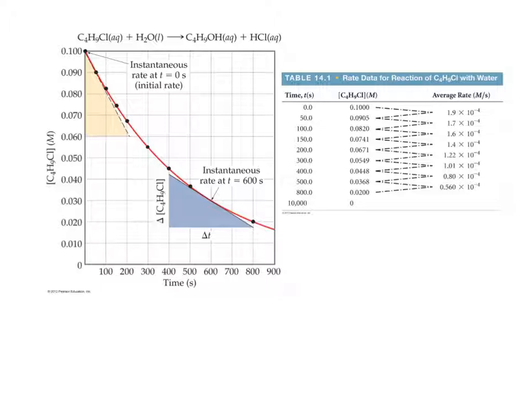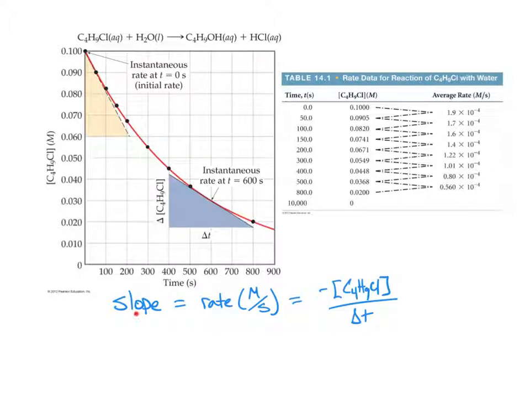Now, we measure the rate as an average rate. And as you can see on this graph, if you draw a tangent line to the slope, you get a straight line, and the slope of that line is going to equal the rate of the reaction at that particular point in time. So the slope of a tangent line is equal to the rate in molarity per second. In this case, we're looking at the change in the molarity, how much is decreasing over a particular time period.